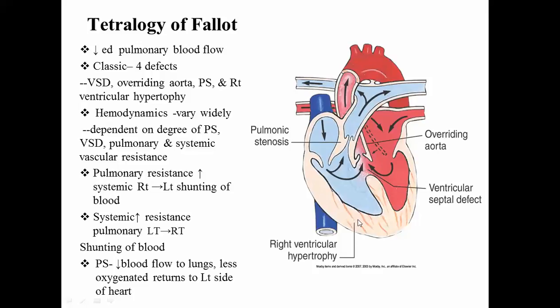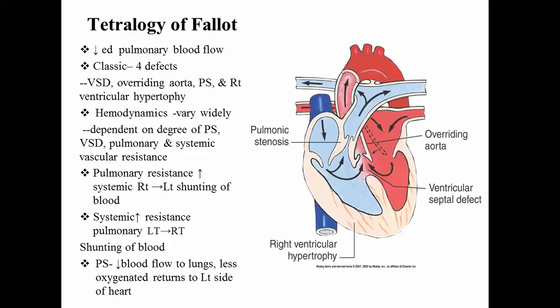So one thing to remember with this defect is that the hemodynamics are going to vary widely, and it's going to depend on the degree of the pulmonic stenosis, the size of the VSD, and pulmonary and systemic resistance. The VSD is generally large, so the pressure in the left and right ventricles may be equal.